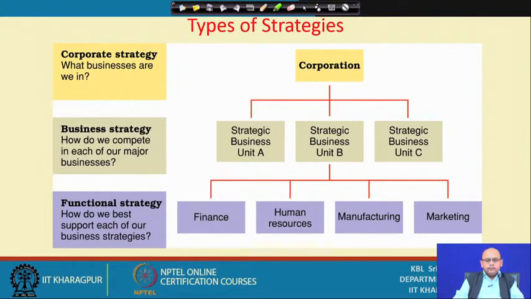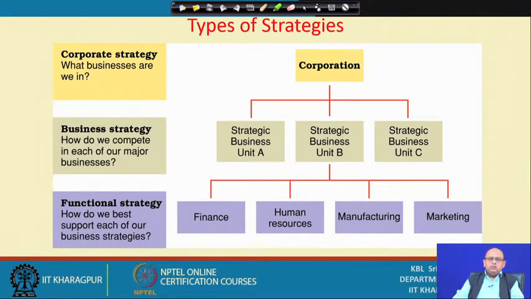Then at the business level, you have to see how we are going to compete with other major businesses, right. If you are having different businesses, each business unit might be having a different strategy, right. One can go for growth, another can go for diversification, another can go for strategic alliances, another business unit can go for mergers and acquisitions, right. So, different business units can have different kinds of strategies.